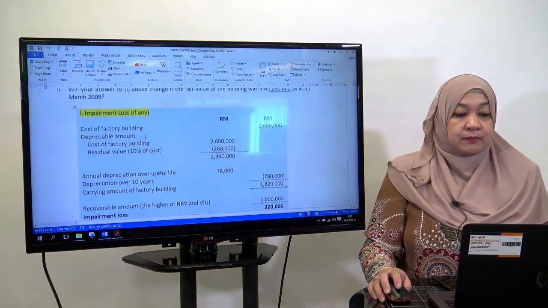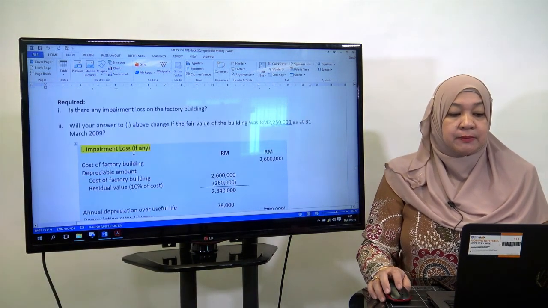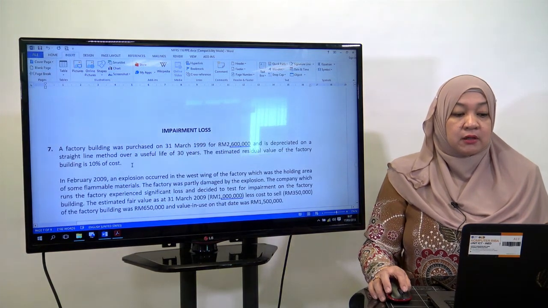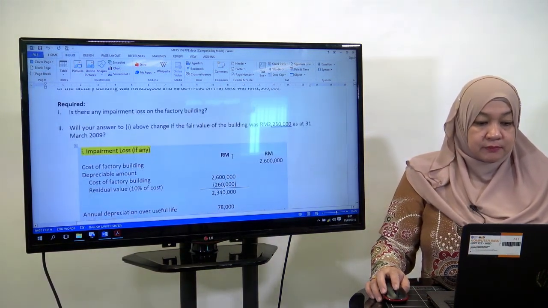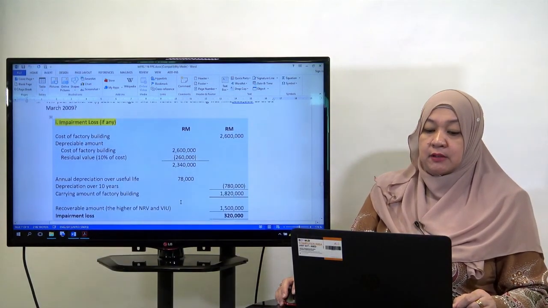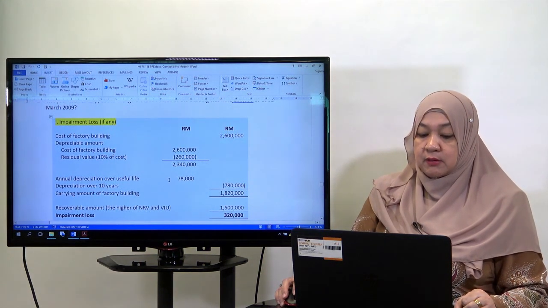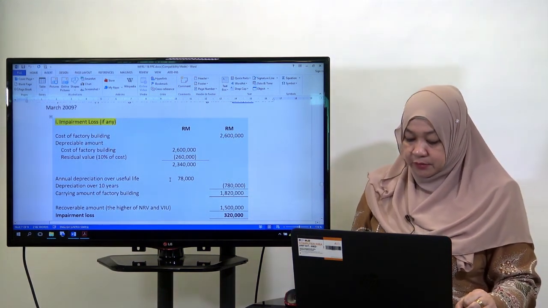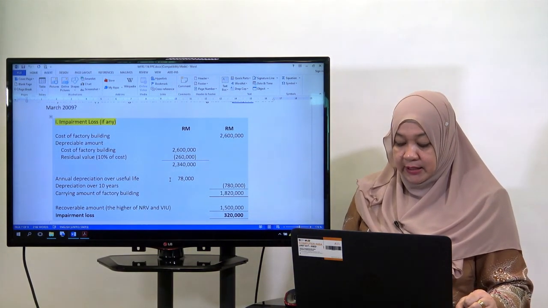So cost of building 2.6 million, residual amount is 10% on cost, meaning that 2.4 million. Right, so the depreciation is over 30 years. So you get 78,000.